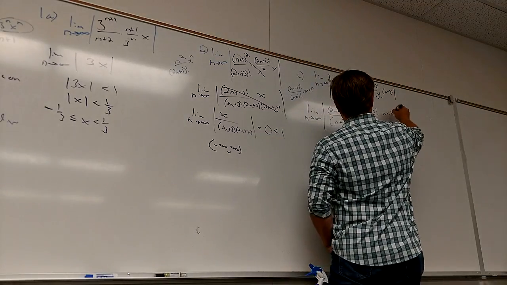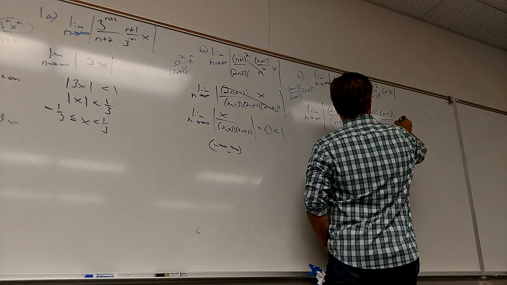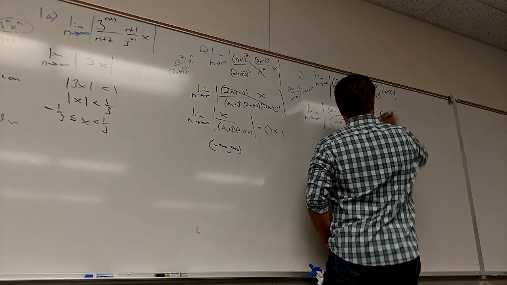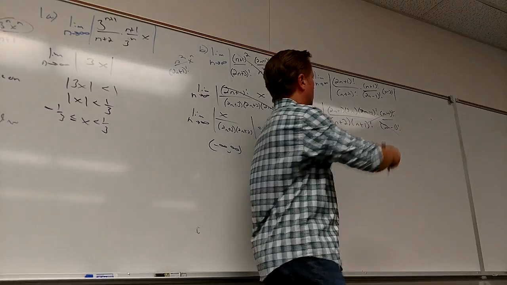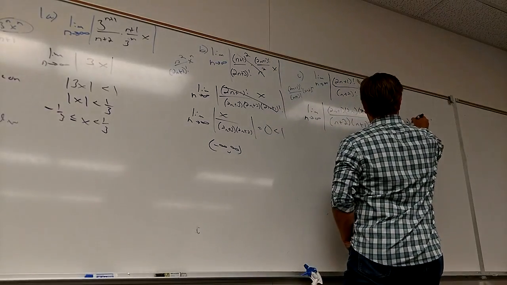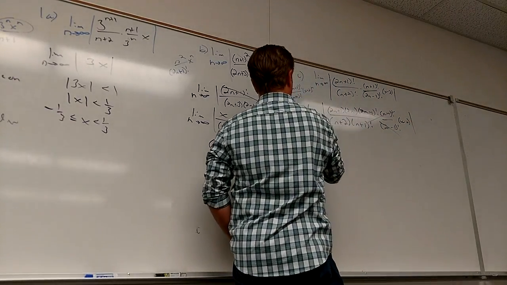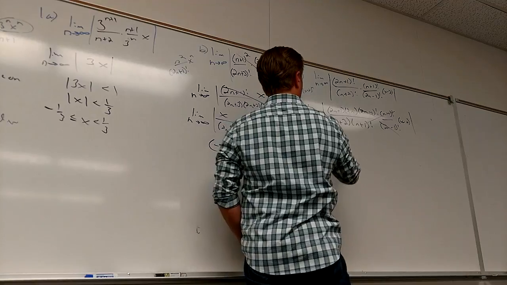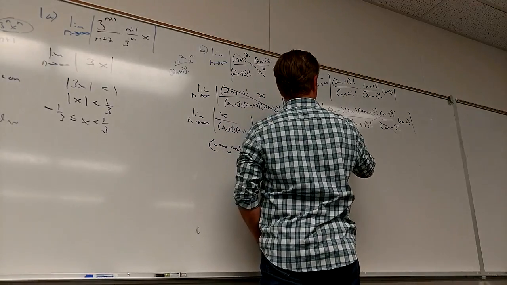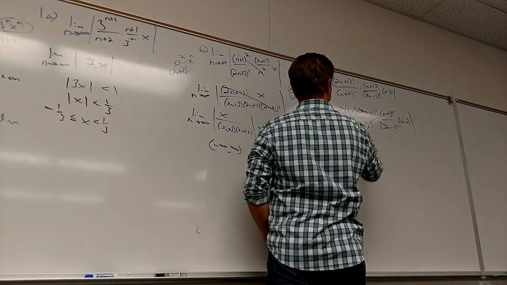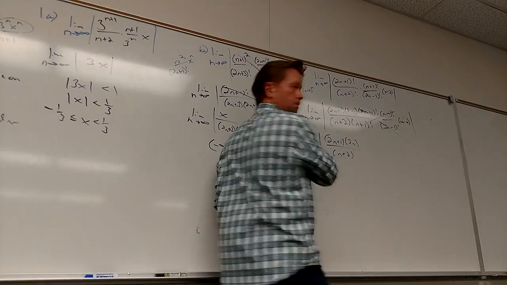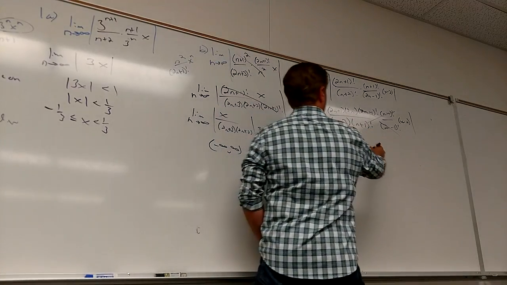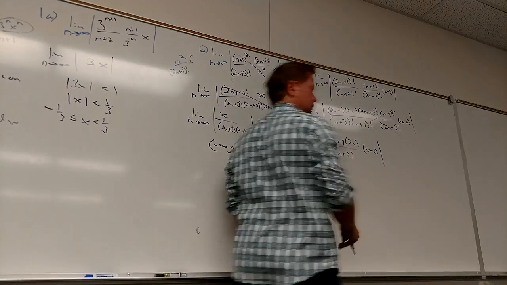So that these cancel. And then you've got your x minus 2. So you get the limit, n goes to infinity, of 2n plus 1 times 2n over n plus 2. Sorry. This is the other case.